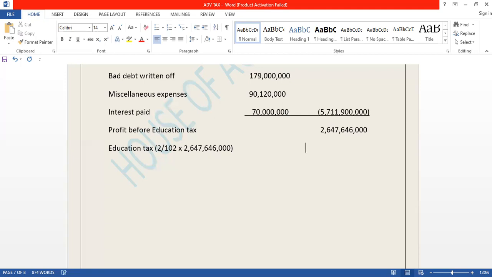So what do we have? Press your calculator, please. 2 over 102, multiply by this figure. We have 519,114,627.45. Okay, let's leave that decimal out of it.